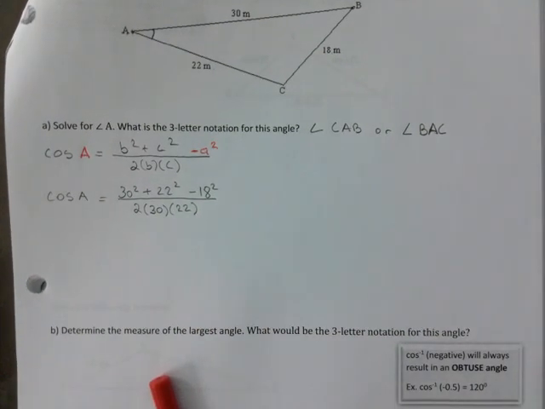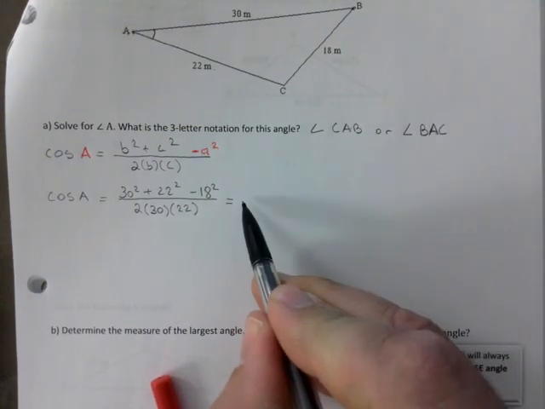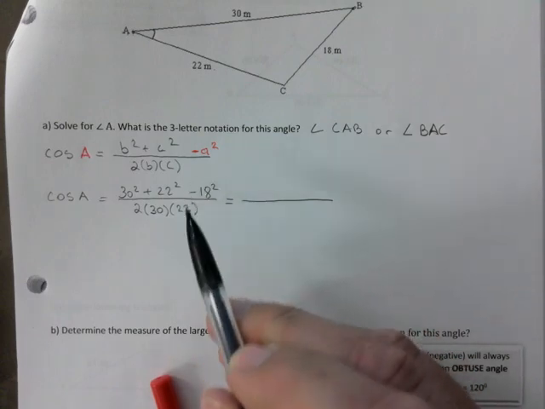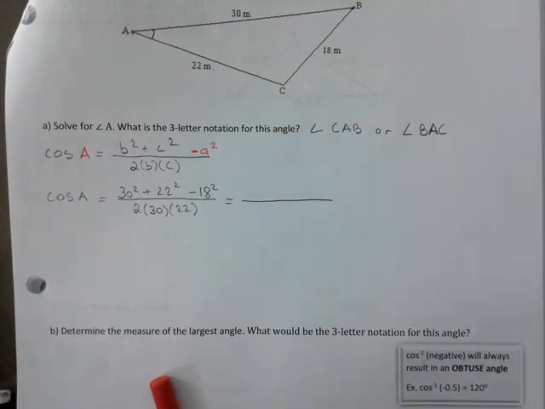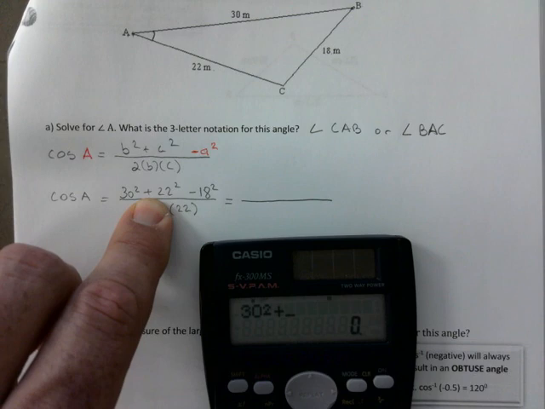And here's where you have to be very careful. No quick shortcuts, guys. There are no quick shortcuts with this one. So watch this. I'm going to figure out what the numerator gives me, and I'll figure out what the denominator gives me separately. So grab your calculators. You go 30 squared plus 22 squared.